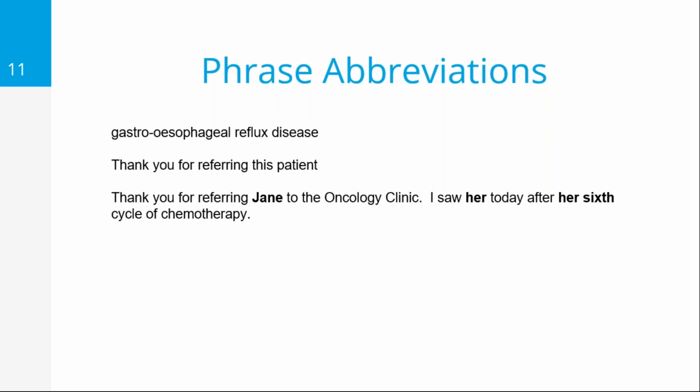But this is the easiest way, and this is the way that the program actually automatically does it for you. As you don't have to remember any codes this way, all you've got to think about is what's the first letter of thank you for referring this patient is TYFR. With only 3 or 4 keystrokes, you've got the whole sentence there in your text.